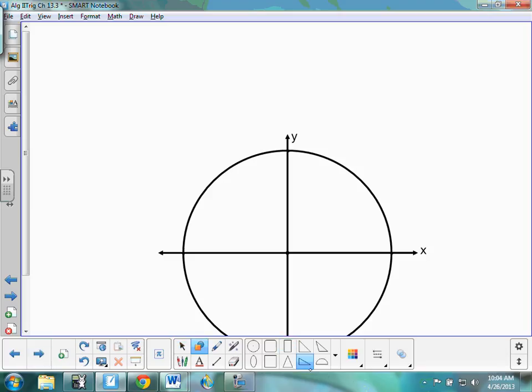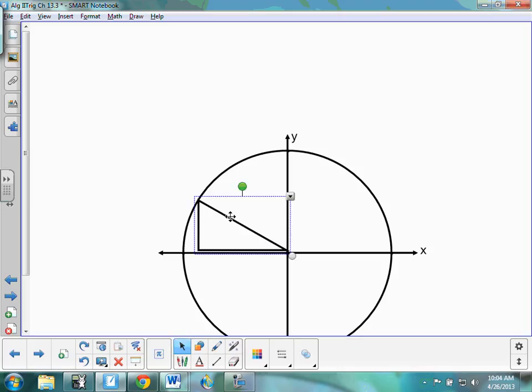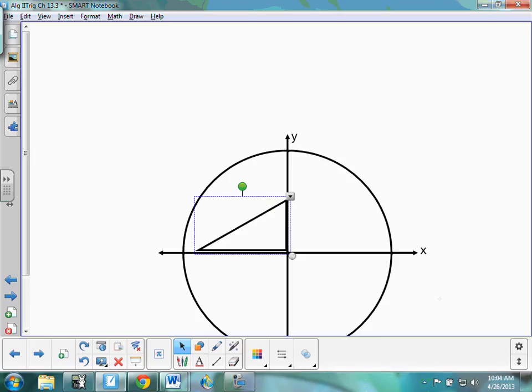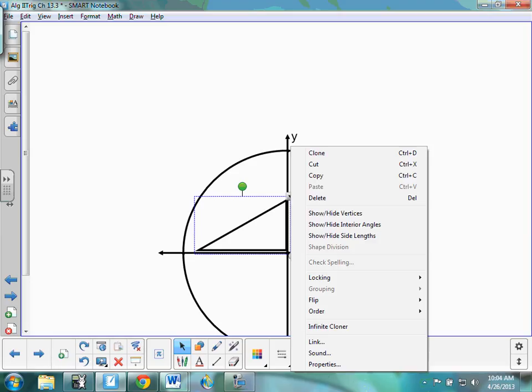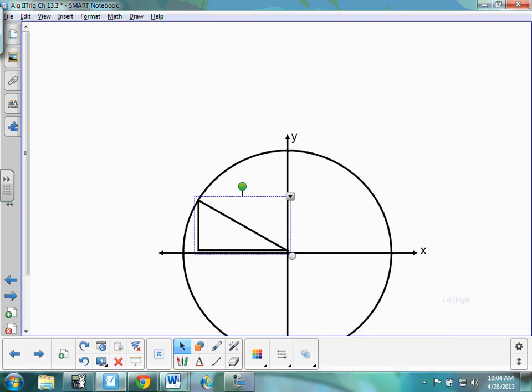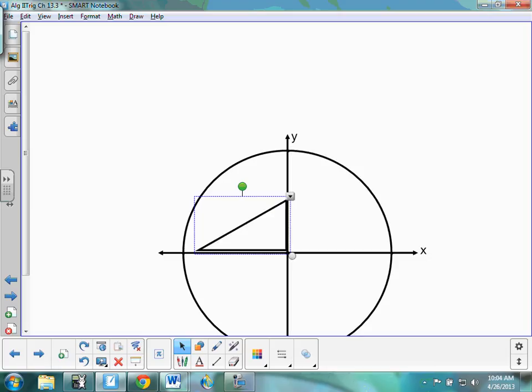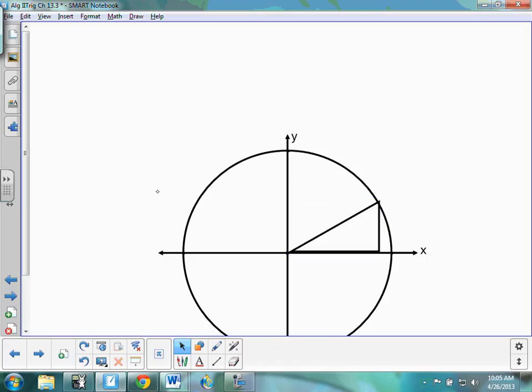This is the 30, 60, 90 tool. And I'm going to draw one from the center. Oh, I see what's happening. I apologize. I want it to be here. There's a 30, 60, 90 right triangle.